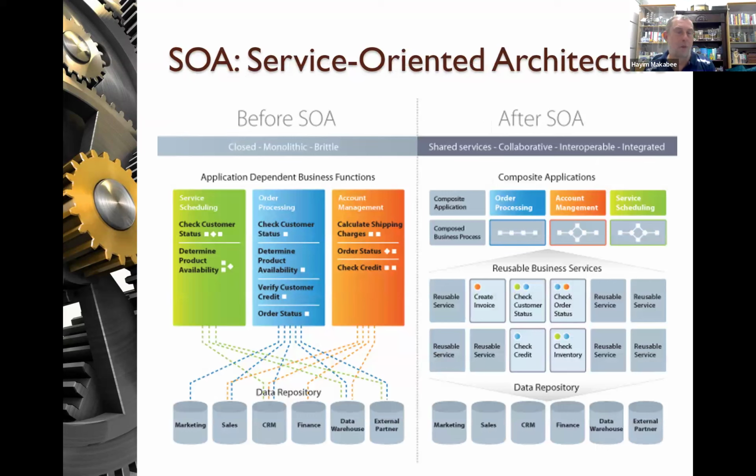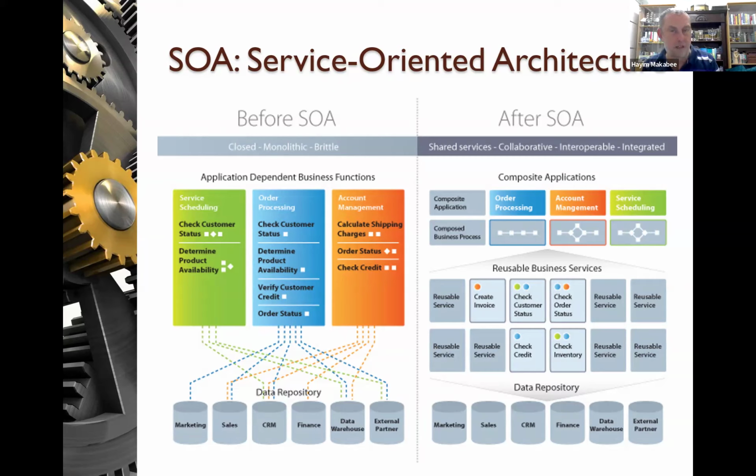Now, from this idea of the object request broker, we have evolved to the concept of service-oriented architecture. Service-oriented architecture is much more modern. And here you have on the left side what was before service-oriented architecture, when we had this kind of monolith, like a software system.